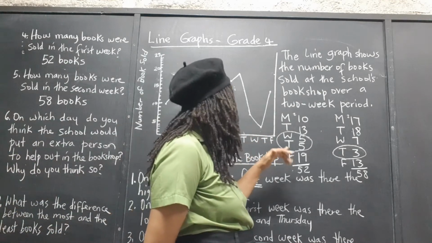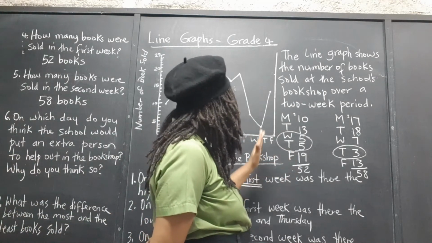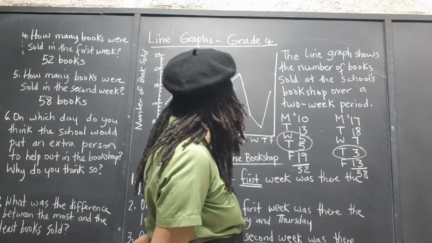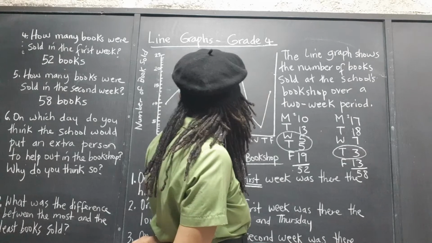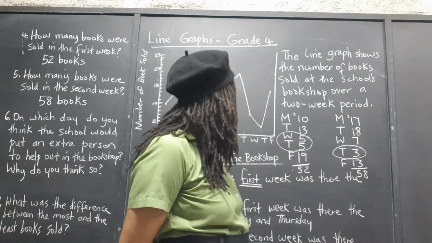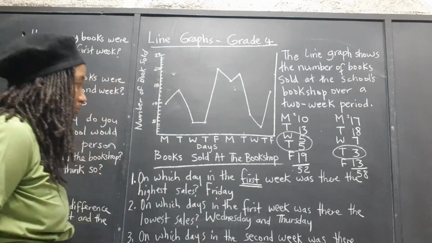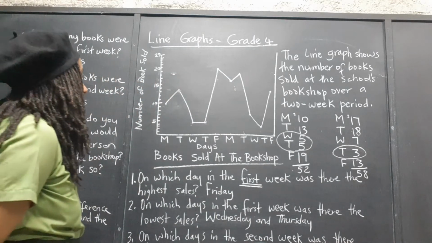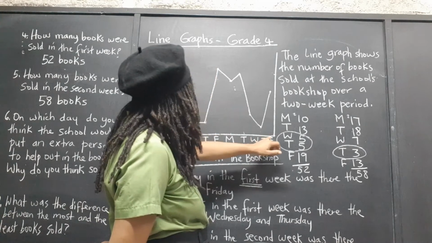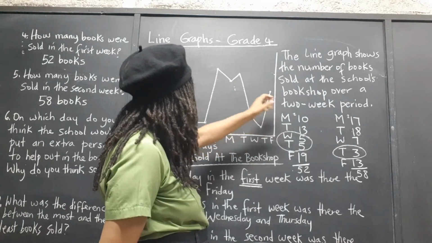We noticed that on a Friday there's always a peak. There's always a spike. It goes way back up on a Friday. See that? So on Mondays they sell a good amount of books. But 19 on this Friday, and on this Friday it was still going back up.